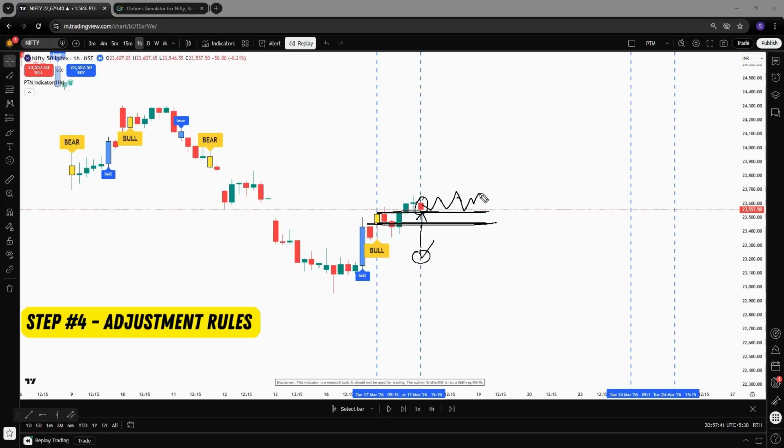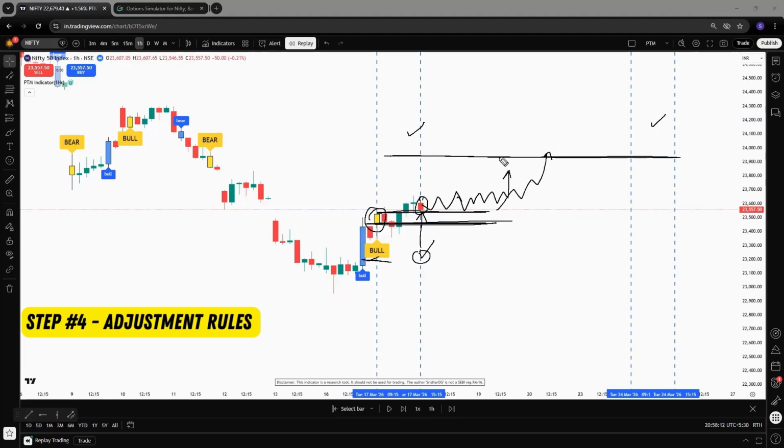Now anytime the price is above my marked range, we have marked it, right? We have marked the latest big bull or big bear signal. We have marked that range. Anytime for the next week, from this expiry to this expiry, if price is above this, this is a bull signal. If price is above this and it is continuing in the bullish direction, I don't need to do any adjustment.